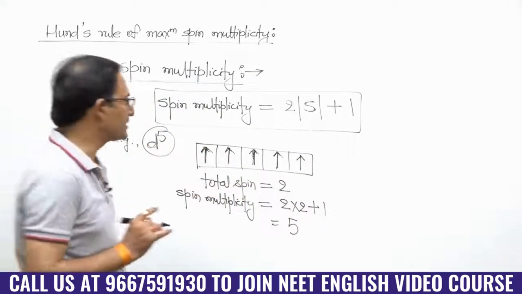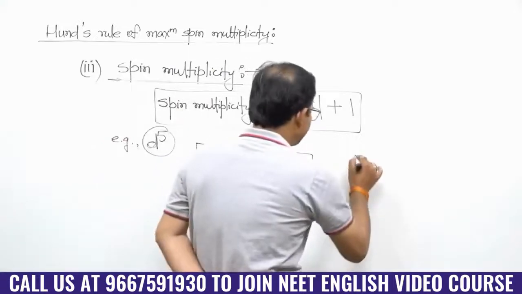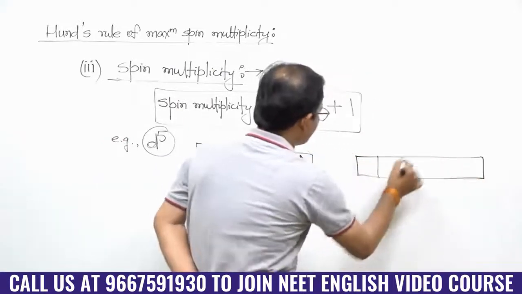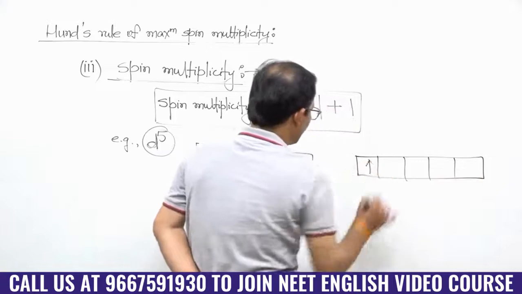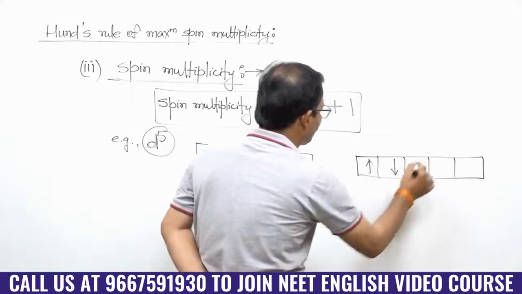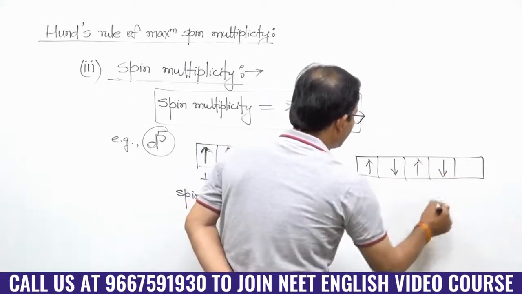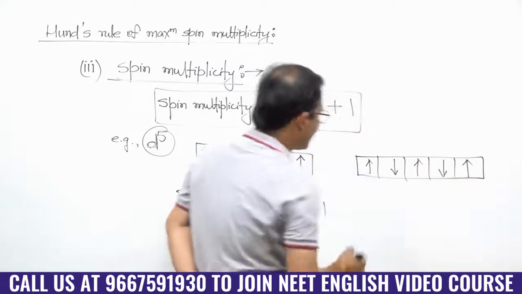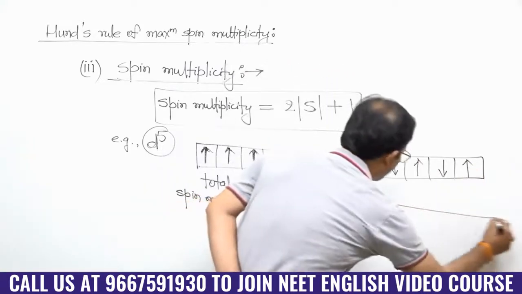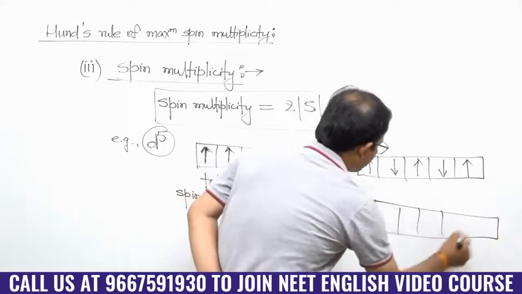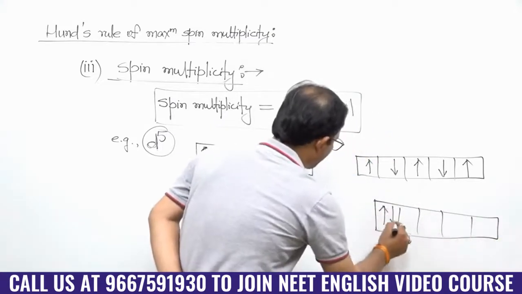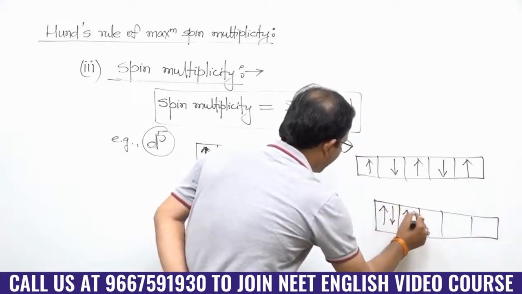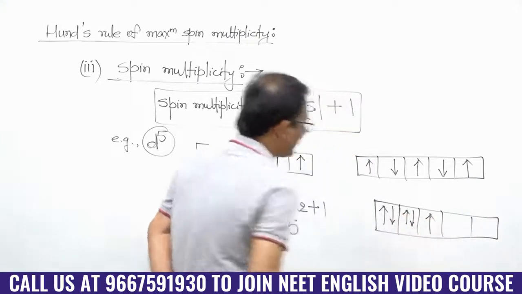Another way is one electron spin up, other spin down, one spin up, another spin down, and one spin up. The third way may be this orbital 2 electrons, again 2 electrons, and 1 electron.